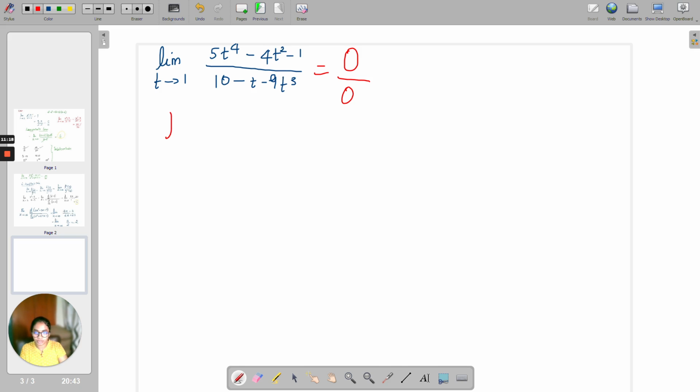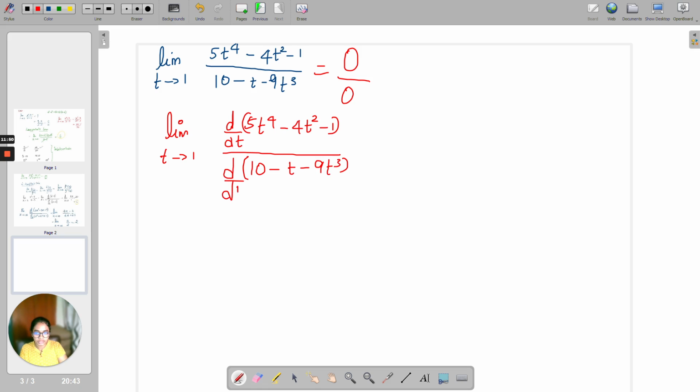What was L'Hospital's rule? You have to differentiate the numerator. Would you do d by dx here? With respect to which term? dt. Divided by 10 minus t minus 9t cube, differentiating it with respect to t.